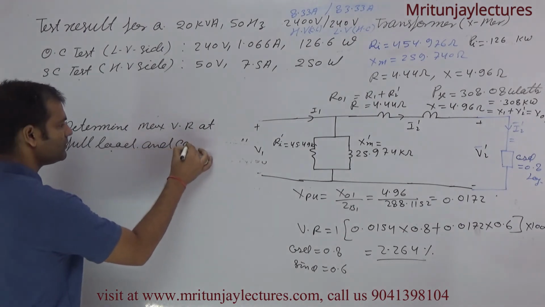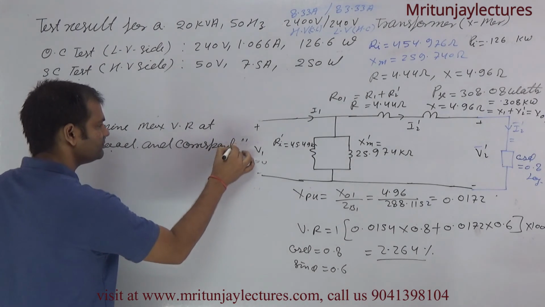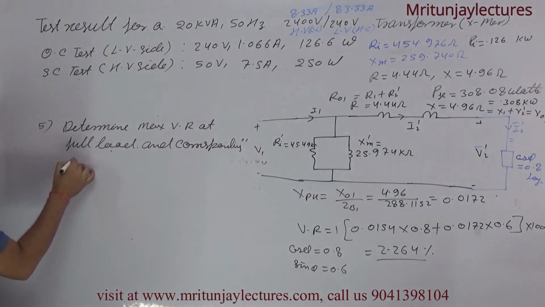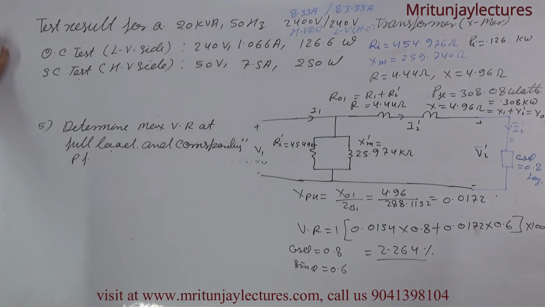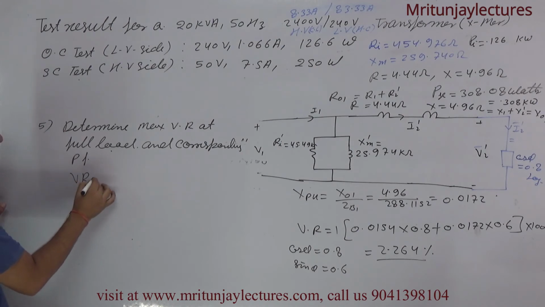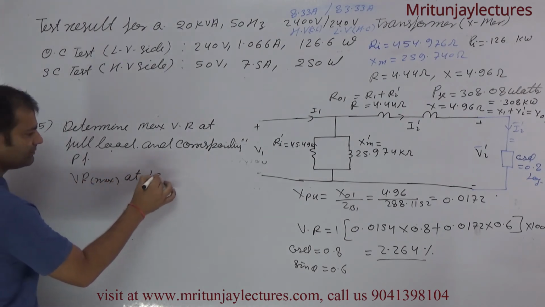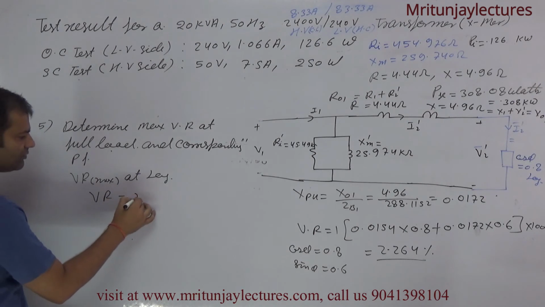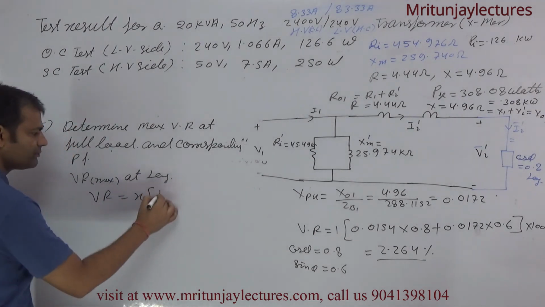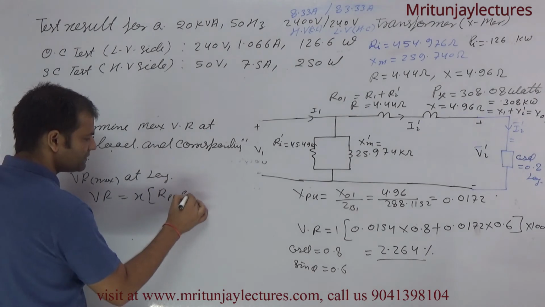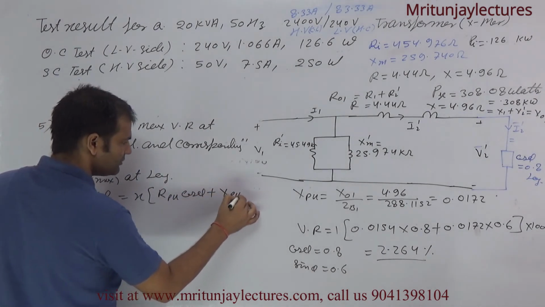Our motto: determine the maximum voltage regulation at full load and the corresponding power factor. Which power factor? You know that maximum voltage regulation occurs at lagging power factor. VR equals x into (RPU cos phi plus XPU sin phi).